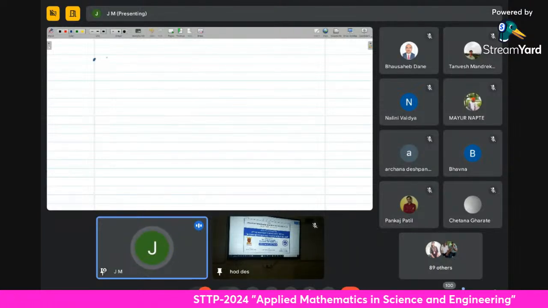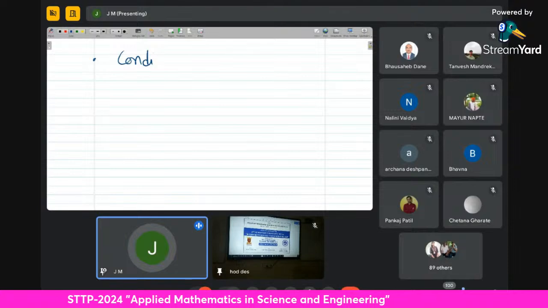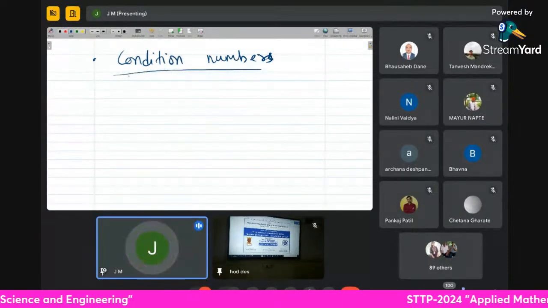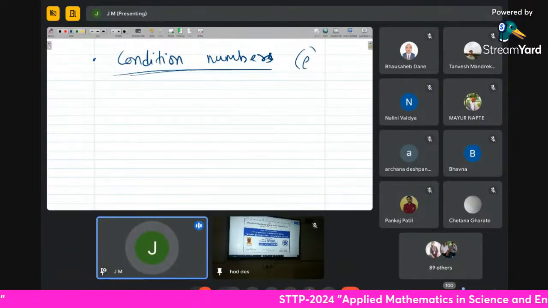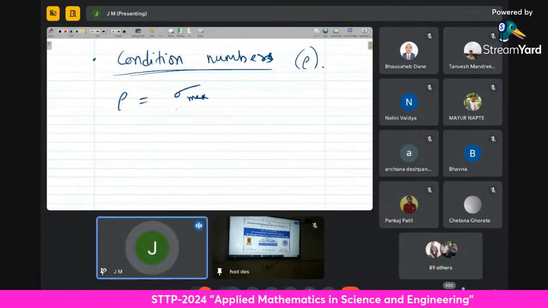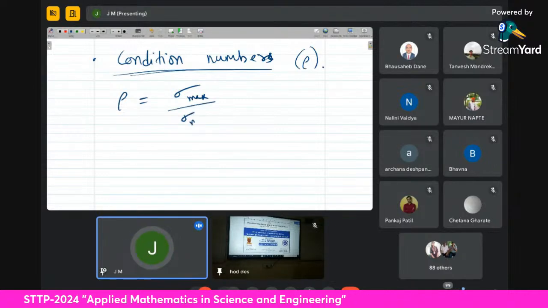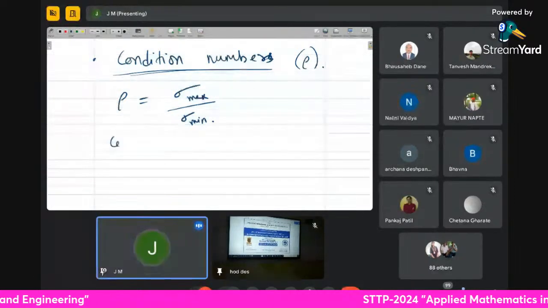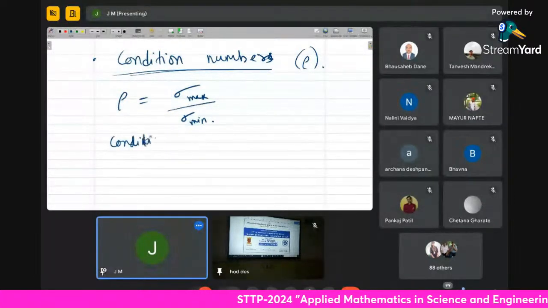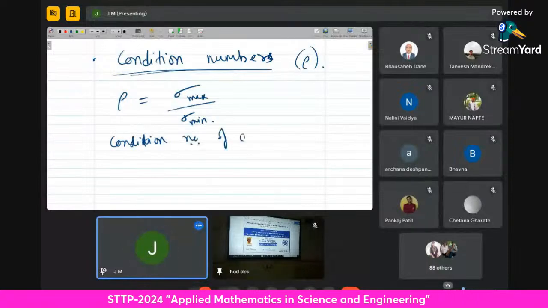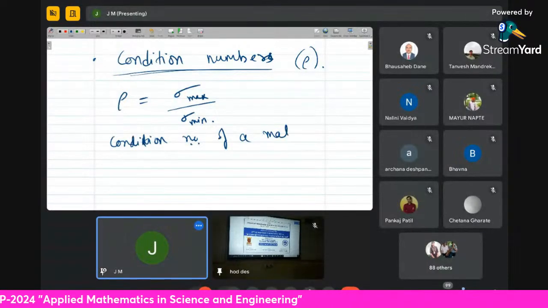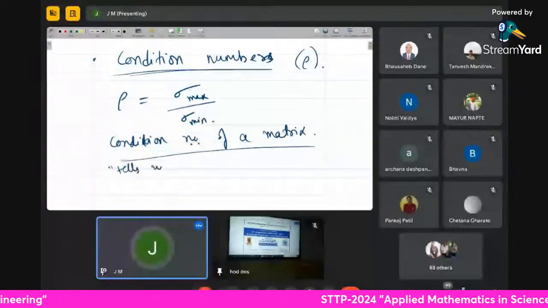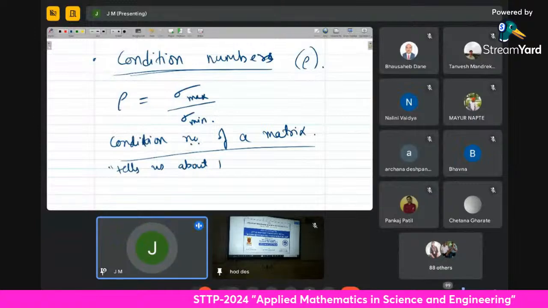Before going to another application, there's something called the condition number, which people always want to look for. I think the notation is rho or something. Rho is nothing but the maximum singular value divided by the minimum singular value. This is called the condition number of a matrix. It tells you about the singularity of the matrix.